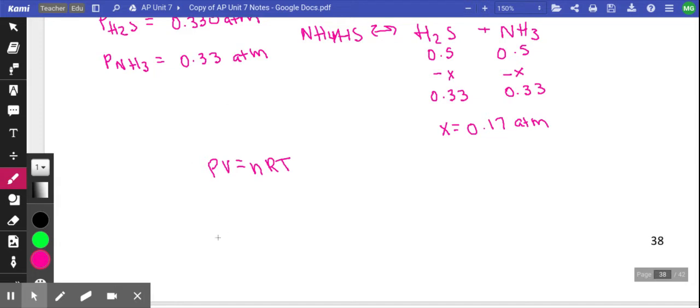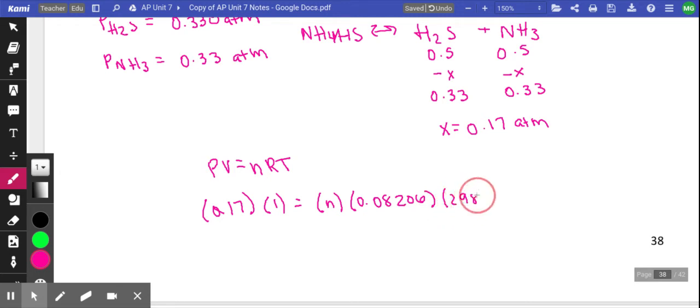So we plug this into PV equals nRT. My pressure that was reacted was this 0.17 atmospheres. The volume they give me is a 1 liter container. I'm trying to calculate the number of moles that reacted, so I'll keep that as n. My R value, I'm using atmospheres here. Remember, this is on our reference table for us. That's 0.08206.